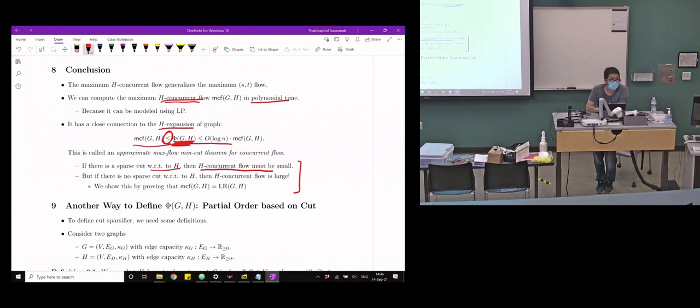This is this direction. But it says here also, for this direction, that if there is no sparse cut with respect to H, then you can indeed find some flow which is quite large. Maybe you lose this factor log n, but still quite large. All right.